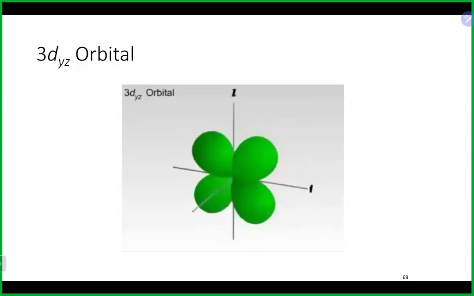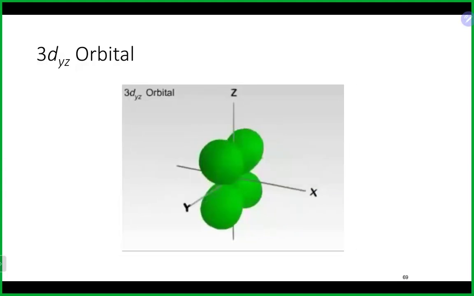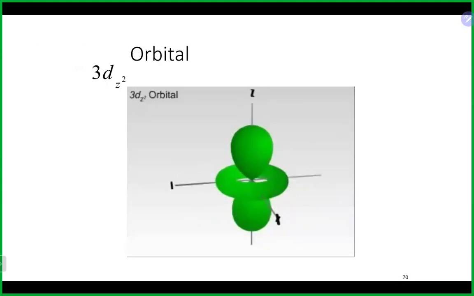The 3dyz orbital has a cloverleaf shape that lies in the yz plane and bisects the y and z axes. And again, in each of those kind of green orbitals, or kind of lobes, if you will, is where you could find an electron. And here's our donut one.